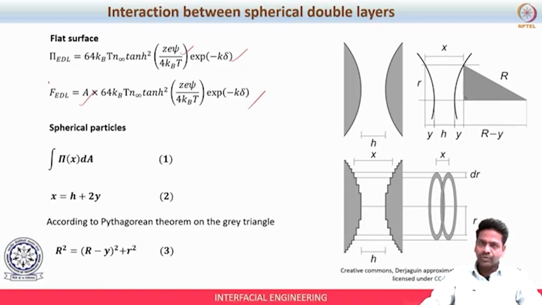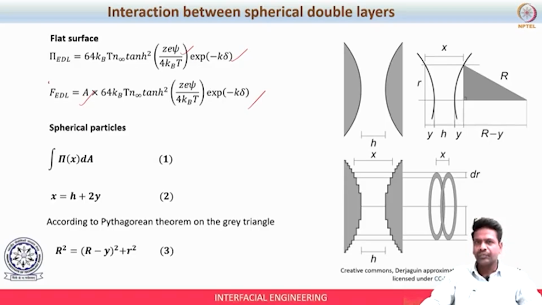Now, why should we do this? We should know, because more often than not, you will be dealing with colloidal particles in various applications. Sometimes you may be working with spherical particles, although you will also be working with non-spherical particles.